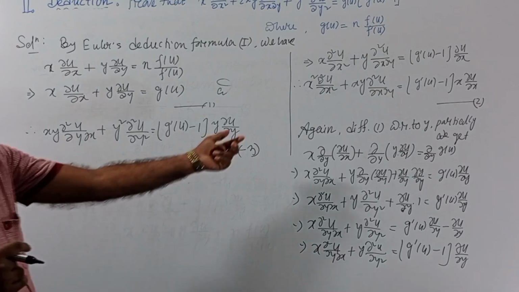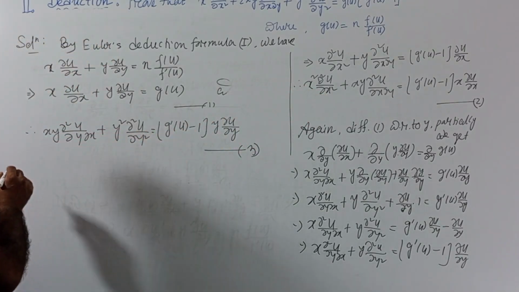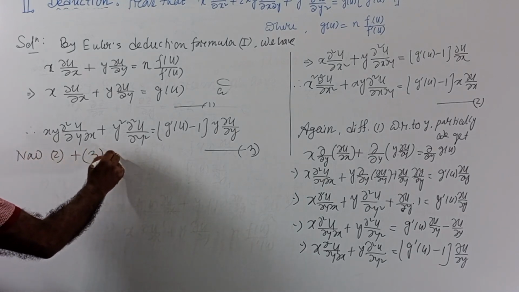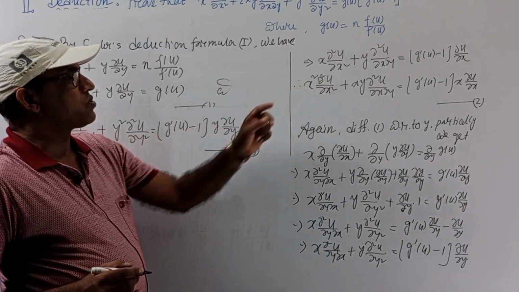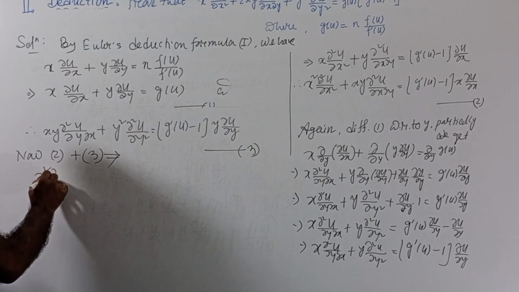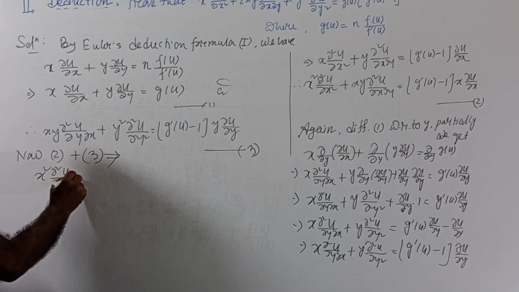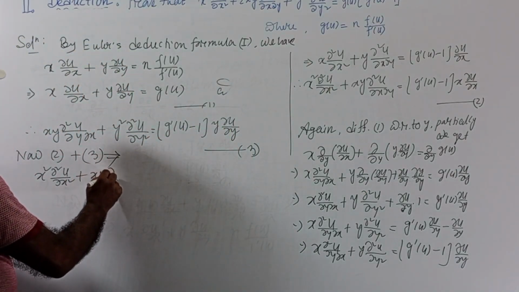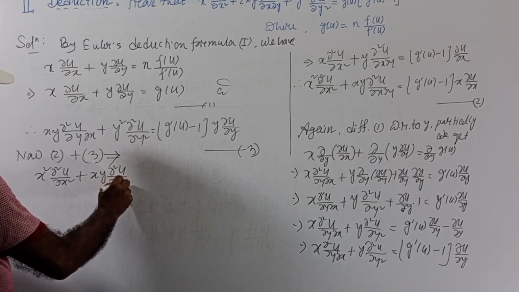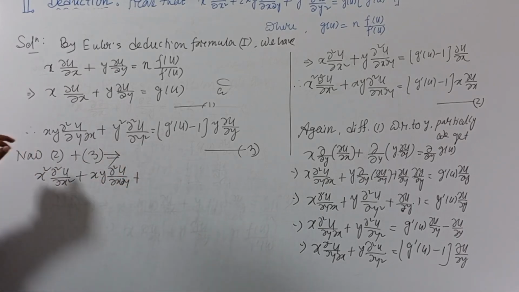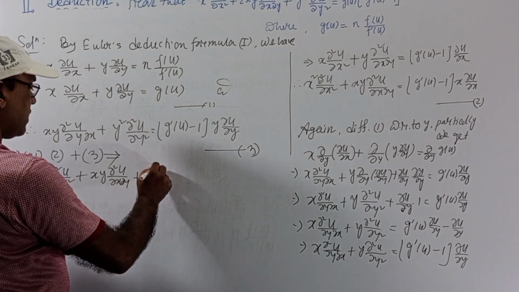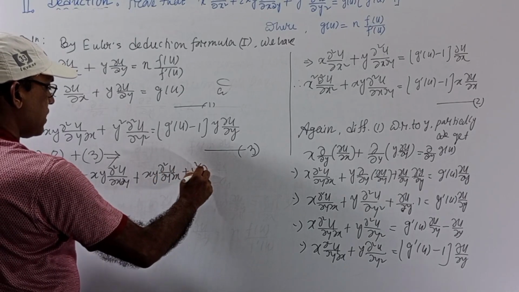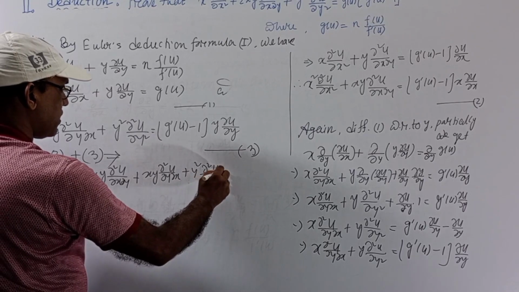Then adding these 2 and 3, now 2 plus 3 implies, in 2 we get this one x square del square u by del x square plus xy del square u by del x del y, and here 3, xy del square u by del y del x, y square del square u by del y square.